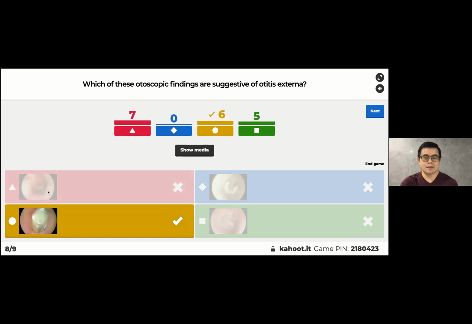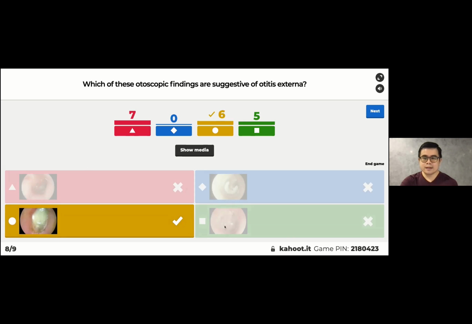But there's no signs of infection because there's no pus, there's no edema, but there's a hole here. This is actually tympanosclerosis. So this could be from constant ear digging or previous trauma, and it's now healed, and therefore it's now sclerosed. So this white patch is the sclerosis.